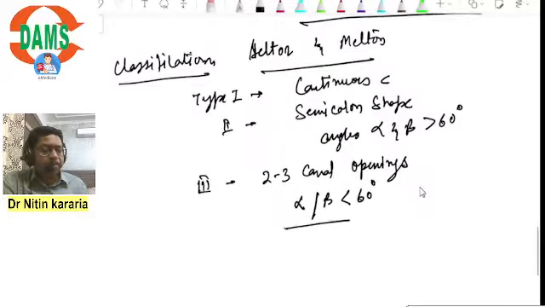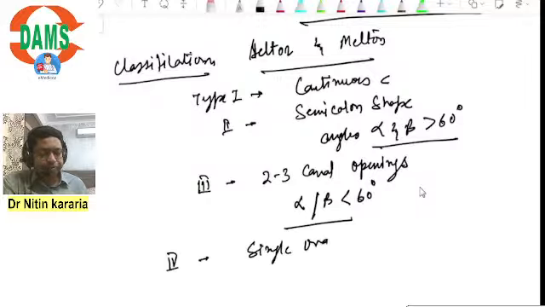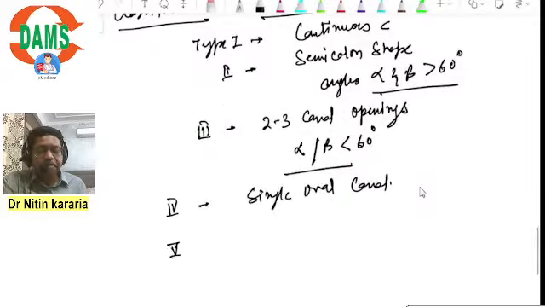This is an add-on feature of type 2 and type 3 canals. Then type 4 is a single oval canal. And finally, type 5 C-shaped canal has no canal orifice.